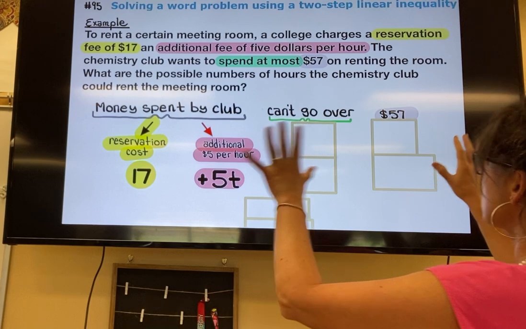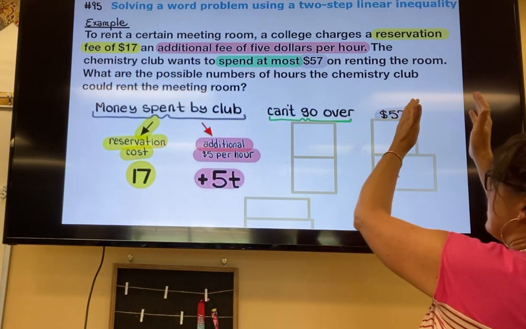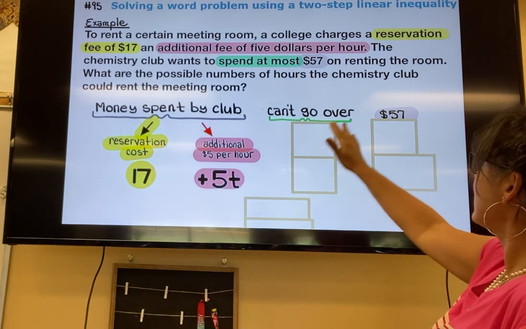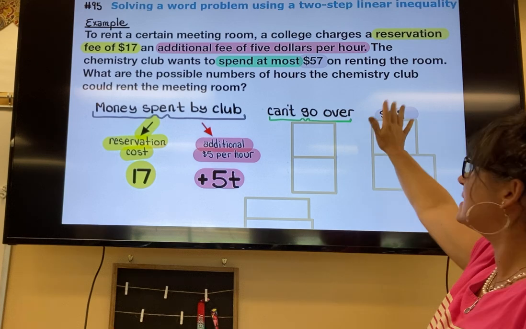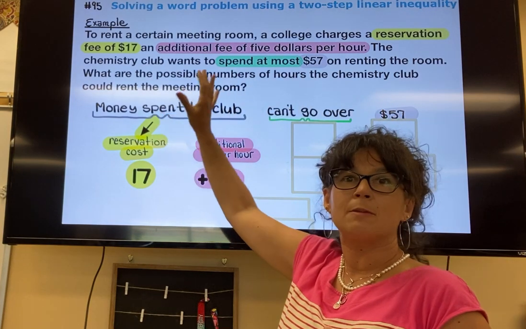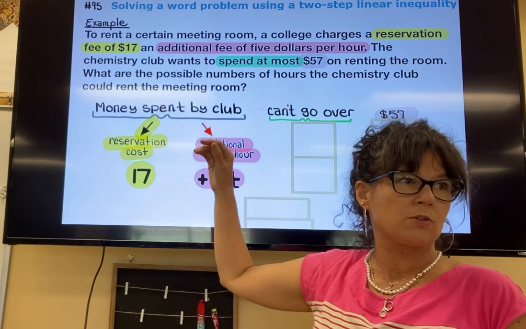So picture which side is bigger. This is how much the club is spending, and this side is $57. If they want to spend at most 57, this is the big number. The amount they spend is going to be smaller than 57 or equal to.